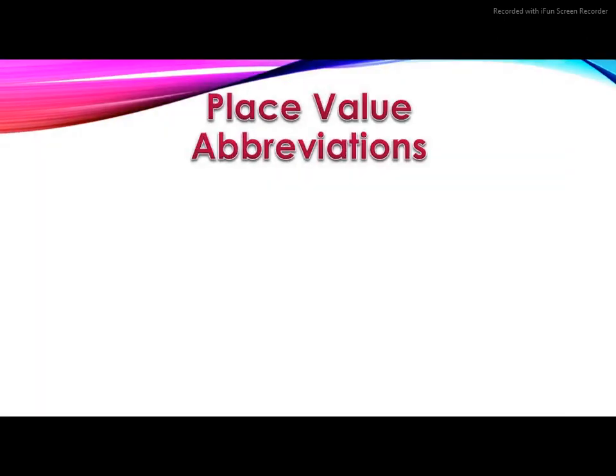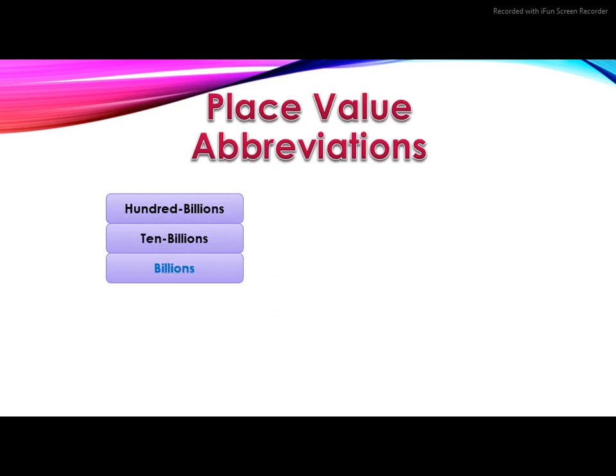Now let's learn about the abbreviations of each place value. Let's state the place values from left to right, starting with the billions period. So we've got 100 billions, 10 billions, and billions. Next is the millions period.